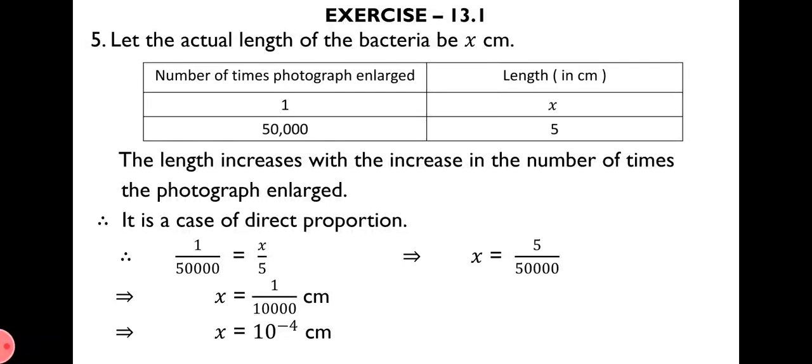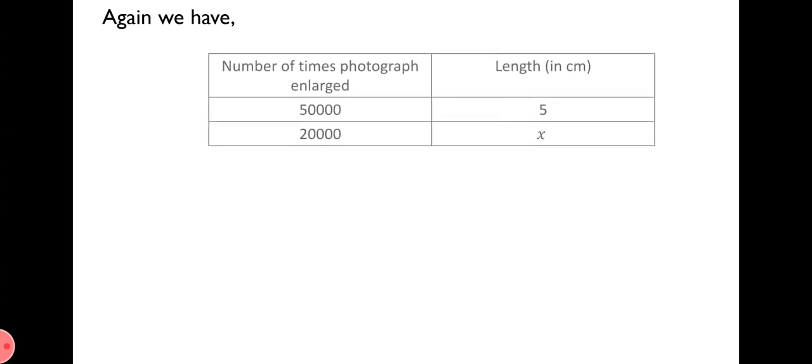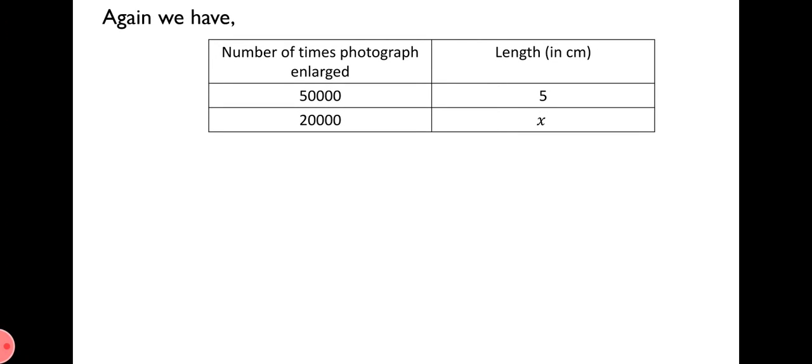Next, the other part of this question. The actual length we got is 10 raised to minus 4 centimeter. Now suppose the photograph is enlarged 20,000 times, what will be the length? That is asked in the other part. So again we have the number of times the photograph is enlarged and the length in centimeter.